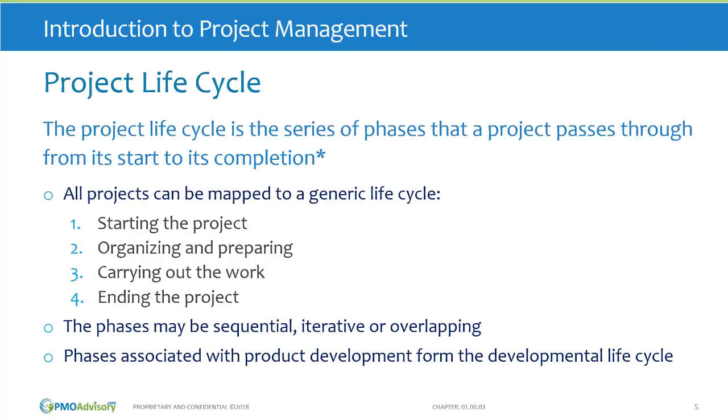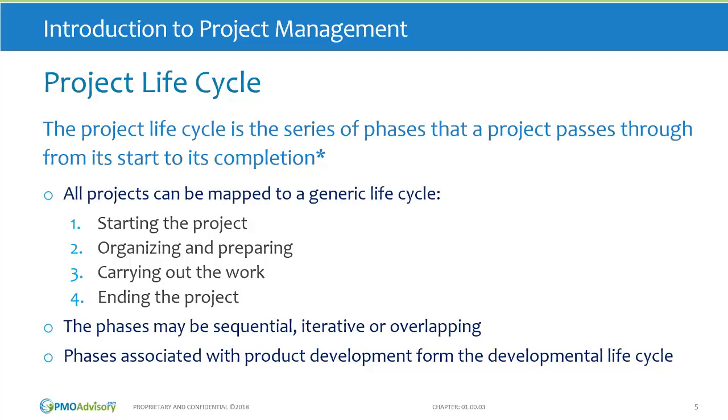The project life cycle is the series of phases that a project passes through from its start to its completion. Every project has a sort of generic life cycle. The progression is typically 1. Starting the project, 2.